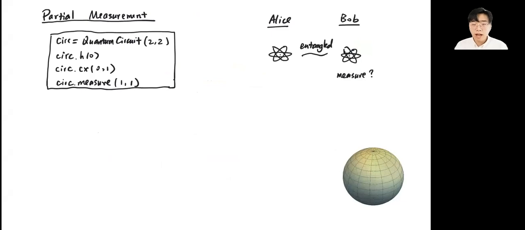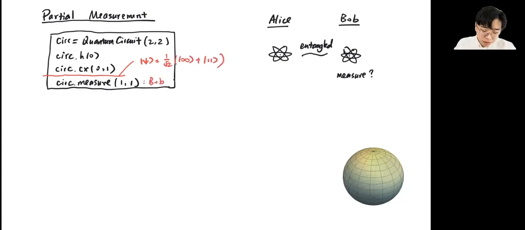What would happen to the state of Alice's qubit? Okay, so let's find out. Suppose we have two qubits, same pair of qubits we had in the previous slides. So up to this point, we have a joint quantum state psi equals 1 over root 2, 0, 0, plus 1, 1. And now Bob decides to measure.